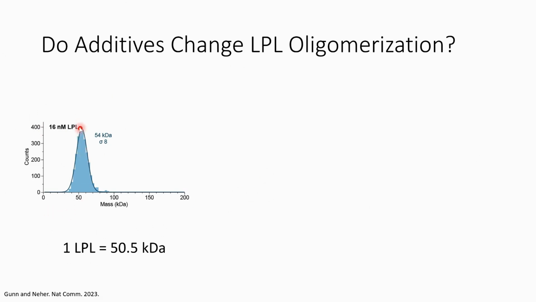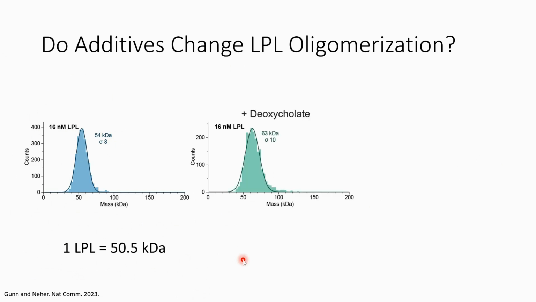What you can see is that we get a single peak of around 54 kilodaltons when LPL is just diluted into PBS. This matches up really well with the molecular weight of a single LPL monomer of 58.5 kilodaltons. My next step was to mix LPL with deoxycholate. My theory was that I would see a dimer of LPL appearing. However, that is not what I ended up finding.